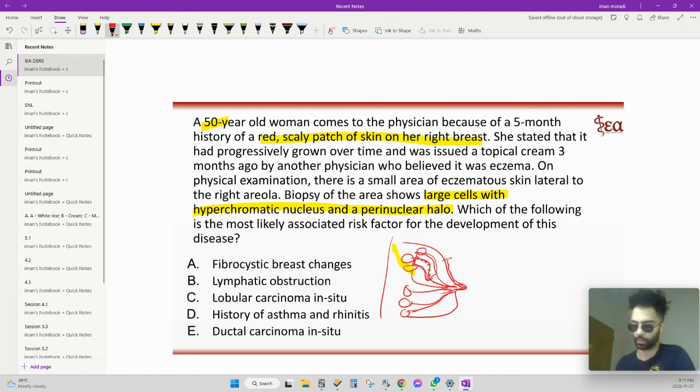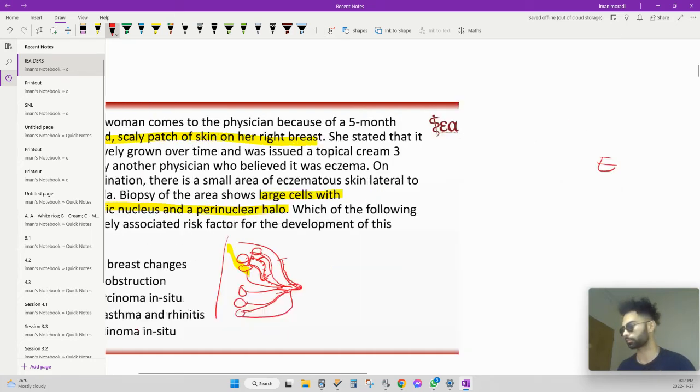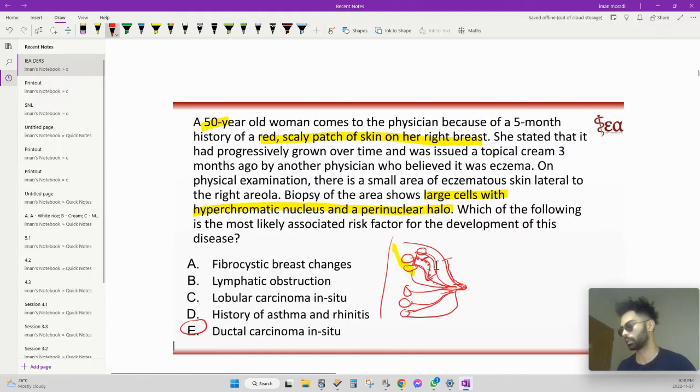So it's high yield to know that Paget's disease of the vulva, or extramammary Paget's disease, is not connected to an underlying cancer, while mammary Paget's disease is connected to an underlying cancer, and that cancer specifically is ductal carcinoma in situ, right? Because it's from ducts, it's carcinoma, and it's in situ because it hasn't invaded through these ducts yet, right? Right. E.